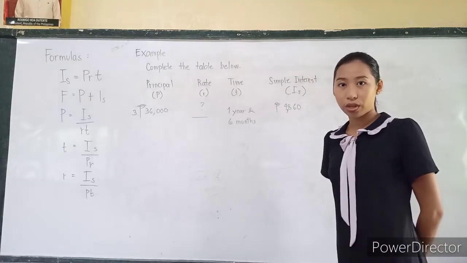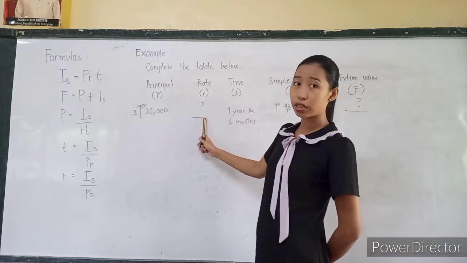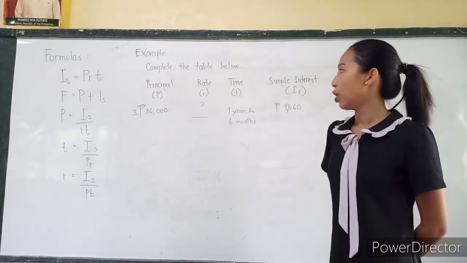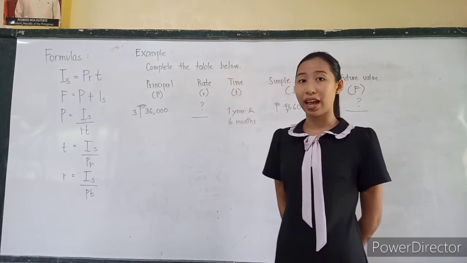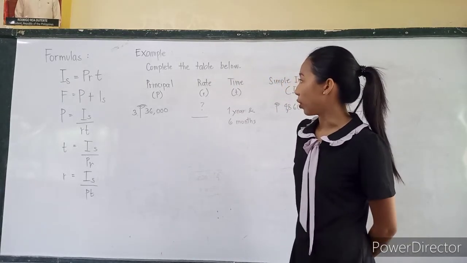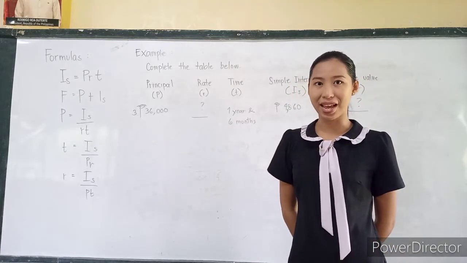So, karon atong isolve, no? Kung saan na to or pila ba ang iyang interest rate o kung pila ang inyong future value. So, asa diri sa atong formulas nga gipangita si rate, given si IS, given si principal, and given si time. Asa din ha?